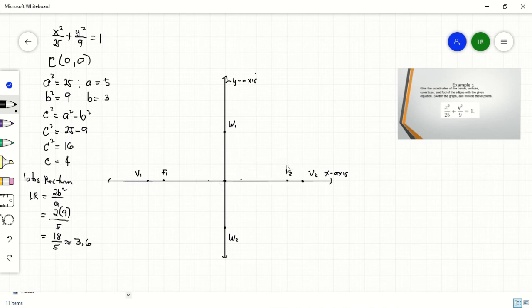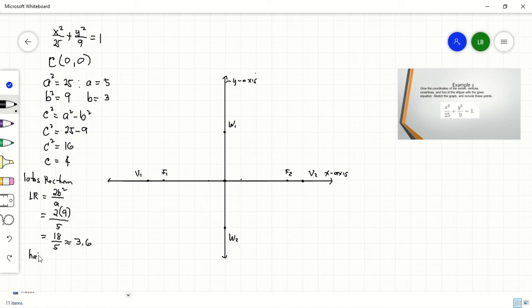So from focus 1, 3.6 divided by 2. So the length of our latus rectum is 3.6.